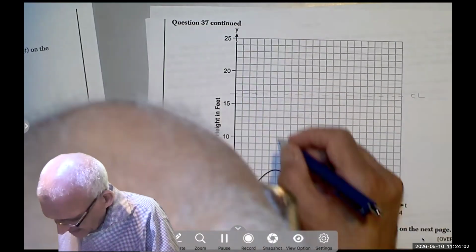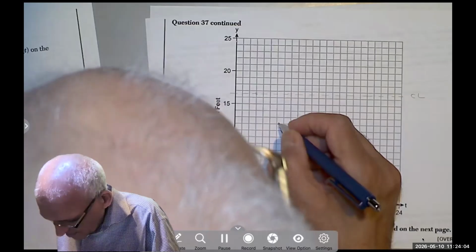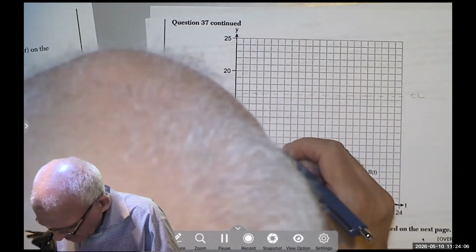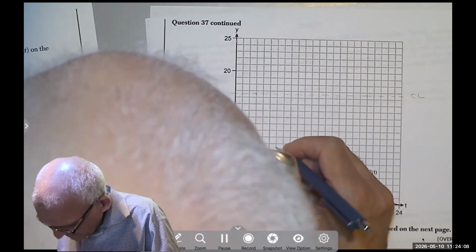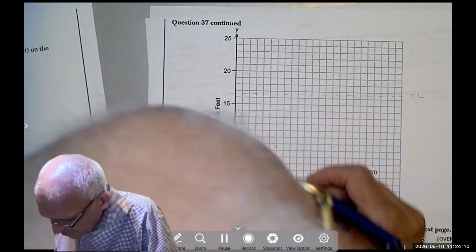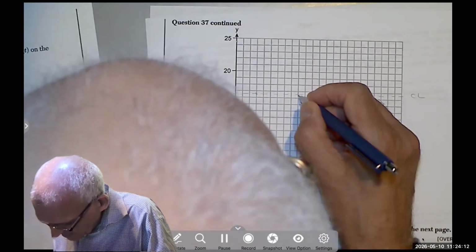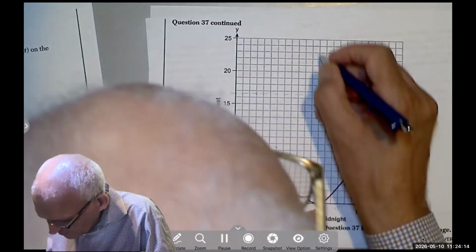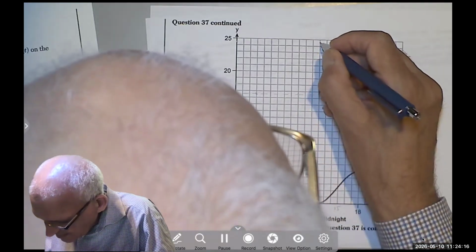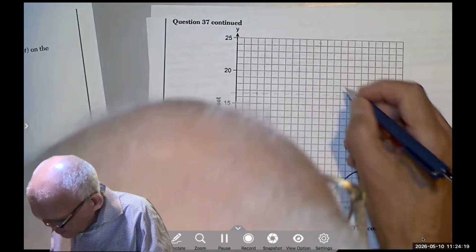So after 6 hours, you go to 8.5, which is here. And then at 9, you go back to the center line. At 12, you go back to the maximum. At 15, back to the center line.